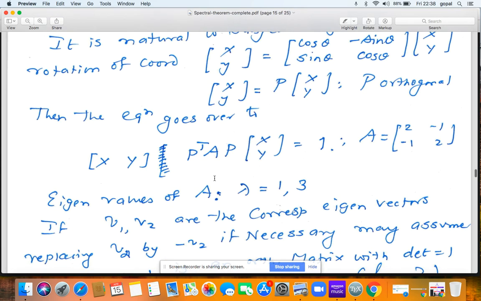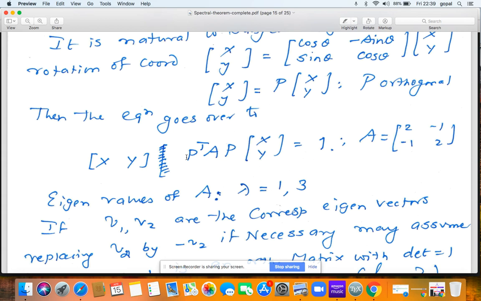Now so far we have the freedom to choose this orthogonal matrix in whatever way we want. But now notice that this matrix A has eigenvalues 1 and 3. It is a real symmetric matrix with distinct eigenvalues 1 and 3. Take the corresponding eigenvectors v1 and v2, and we know that v1 and v2 are going to be orthogonal.